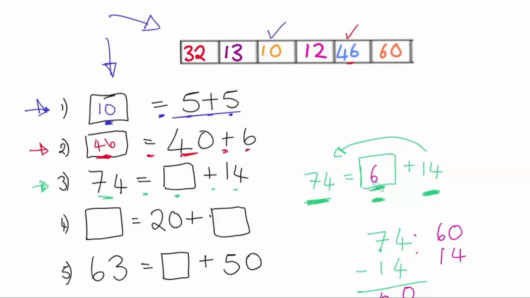So our 60 belongs in our missing gap, just like so. So where is our 60 in these numbers at the top? Can you find it? Yeah, it's over here in orange. So we're going to give it a tick because we've used number 60. There we go. Okay, brilliant.